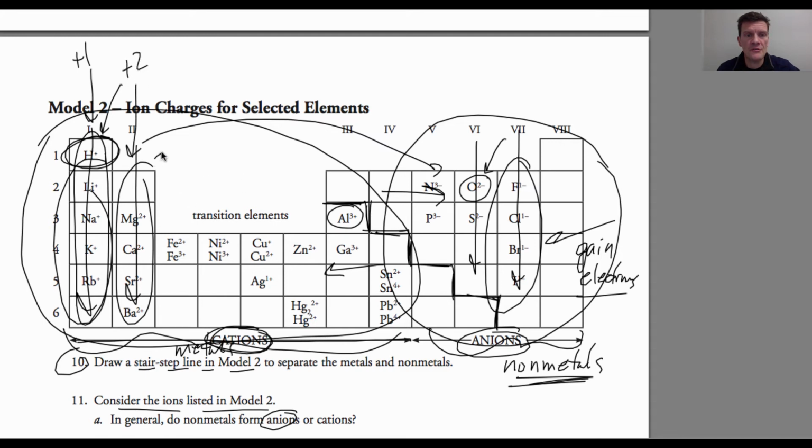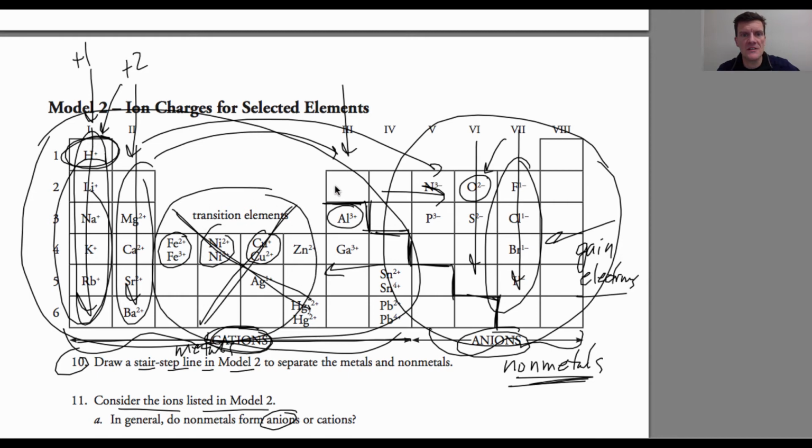We're going to jump over the transition elements because there's some variety here. Notice it's not always the same. Everything in this third main group, when they say main group, they're excluding this middle section here. Main group is just everything minus the transition elements. Or you could say it's the 13th group if you want to. Everything here is going to form a +3. Let's go to the other side, the opposite side.